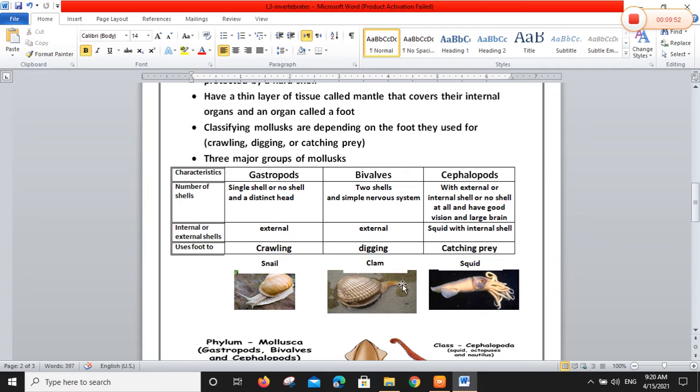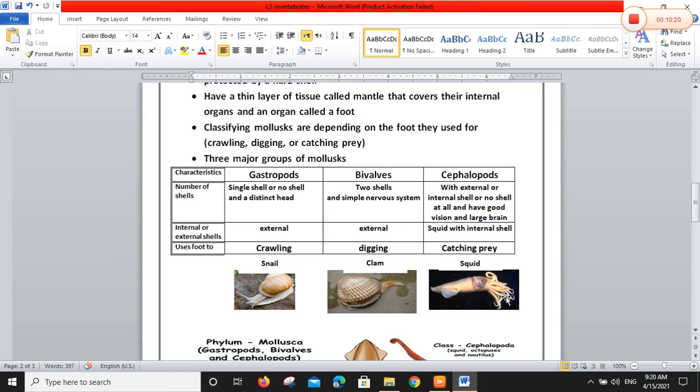Cephalopods, the third type, cephalopods, with an external or internal shell or no shell at all, and have good vision and a large brain. Cephalopods have a large brain, yes. Look at the head and the eyes. What is the leg? Look at the feet in the head. The feet of it are in the head.